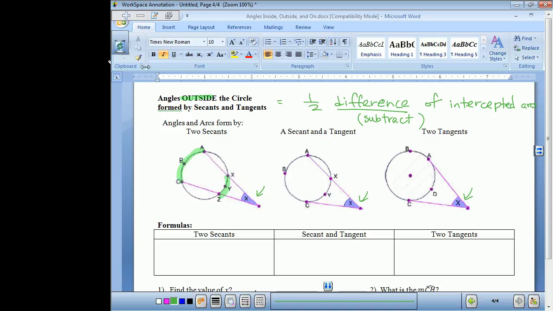So our formula for this one would be half the measure of arc ABC minus the measure of XYZ. Half the difference. So it's always the big arc minus the little arc. Half big minus little.